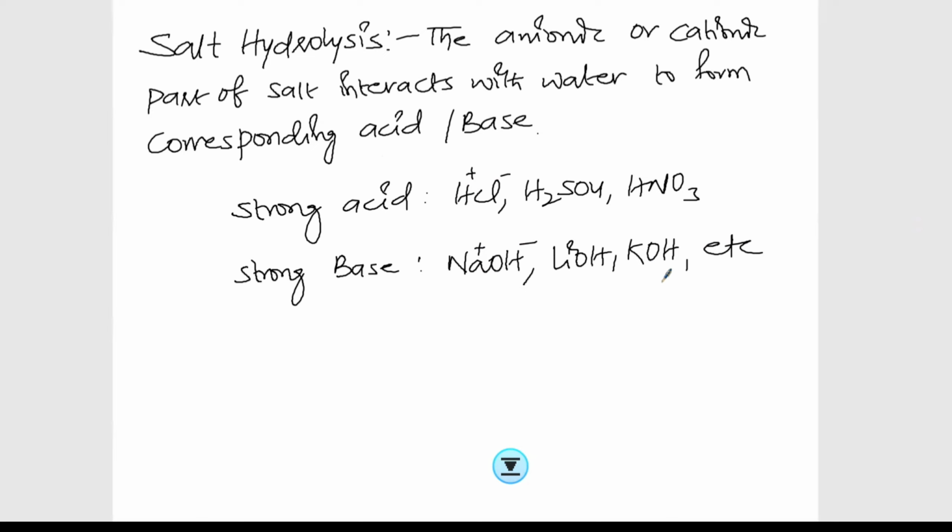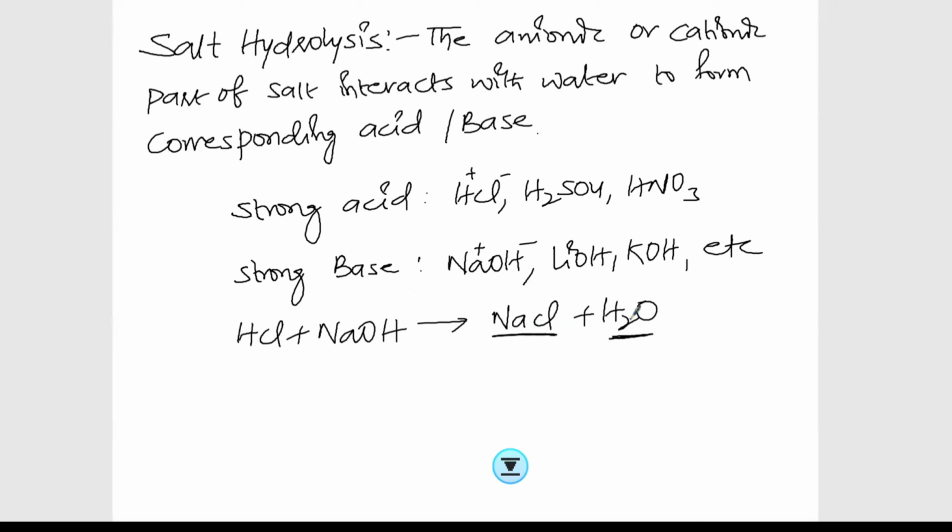When you mix HCl plus NaOH, what happens? It forms a salt, NaCl, plus water, right? So NaCl is a salt of strong acid and strong base, and we also have water here. Na plus and Cl minus, which are from strong species, will not get hydrolyzed.